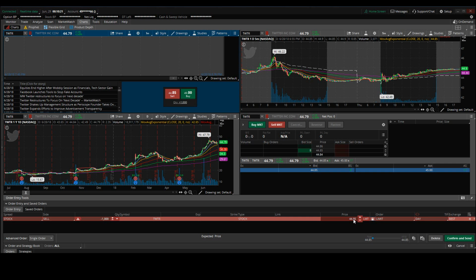If it just touches 44.85 and only fills 500, you still have 500 shares in your order that haven't been sold yet. And in order for it to do that, it either has to go back up and hit 44.85 or higher, or you have to change your order.